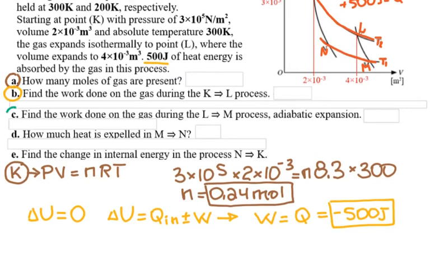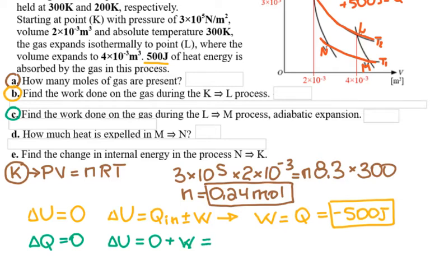For the next part they say find the work done on the gas during the L to M process, or adiabatic expansion. In adiabatic expansion the heat added into the system is equal to 0. Then delta U, the internal energy of the gas, is equal to 0 plus the work done on the gas.